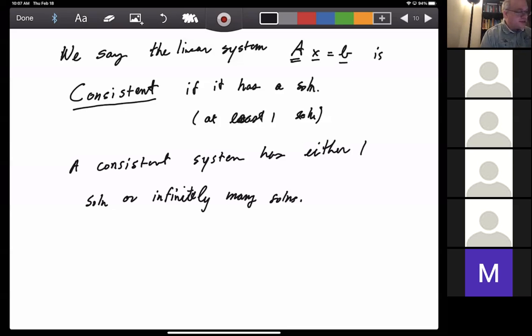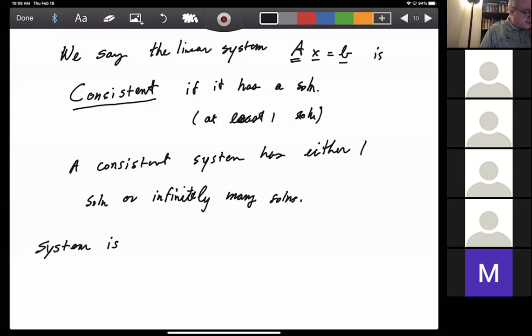It's either one solution or infinitely many. Okay, so that's the point here. The features that we noticed for our single scalar equation and for our pair of 2 equations are exactly the same. You have one solution, or you have infinitely many solutions, or you have no solutions.